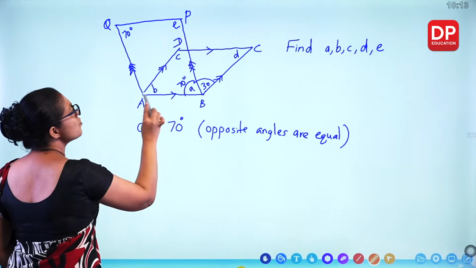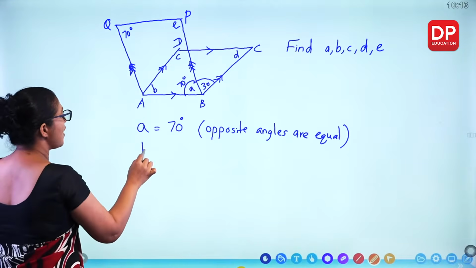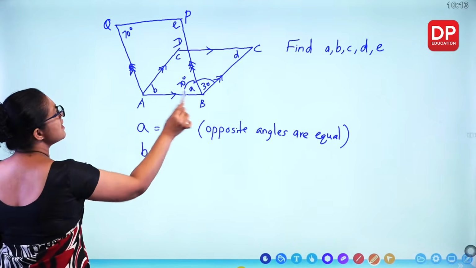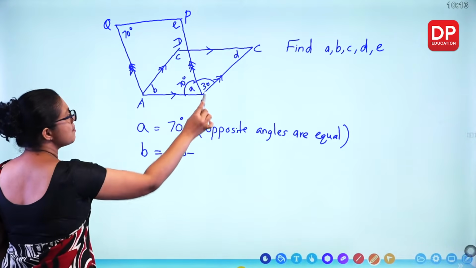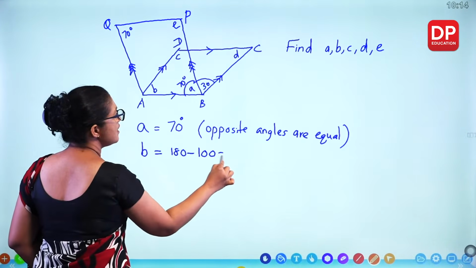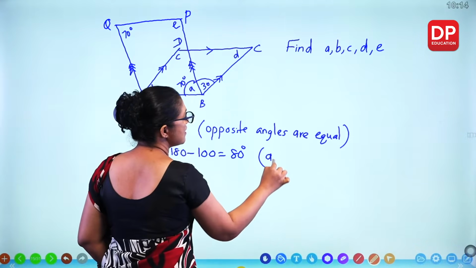Look at these two angles. These are allied angles. So we can find B using allied angles. 180 minus 70 plus 30 is 100. You get 80 degrees. What's the reason?